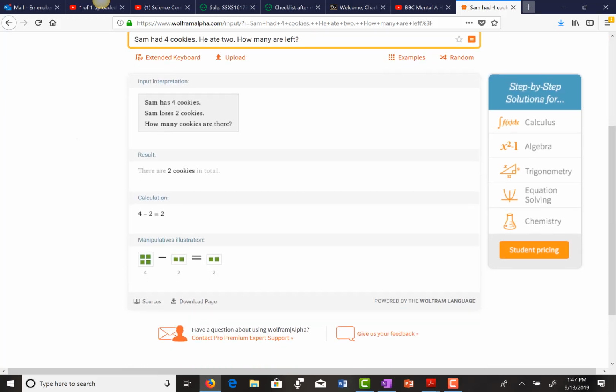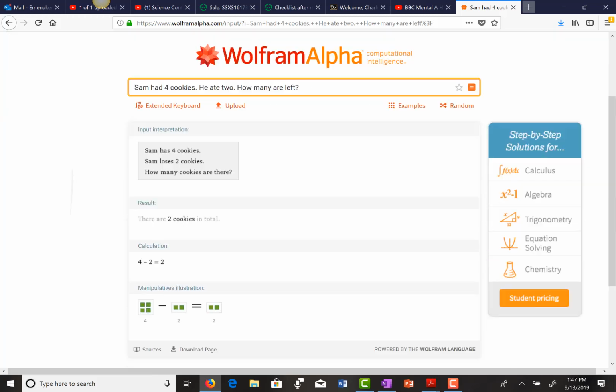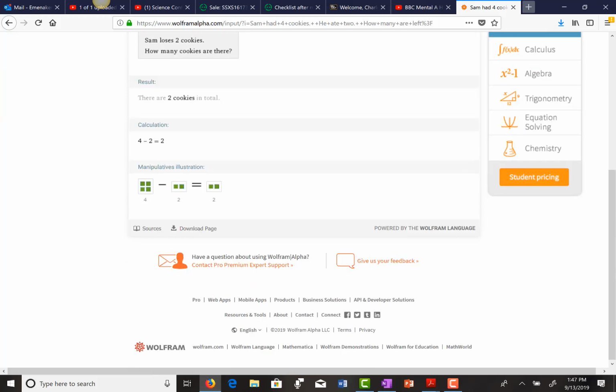One of the things that's neat for this is that, oh wow, look down here at the bottom. Do you see what else it even does? It even draws pictures of 4 cookies and eat 2 cookies and you got 2 cookies. Wow.